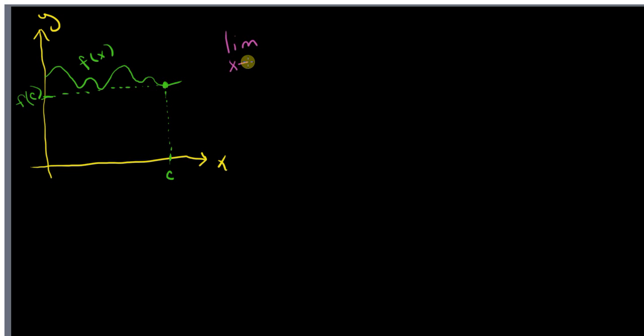The limit as x approaches c of f of x, and we say that is equal to, take a guess, I'll give you a drum roll, my awesome drumming skills. That is going to be equal to, that's right, it's getting closer to f of c.